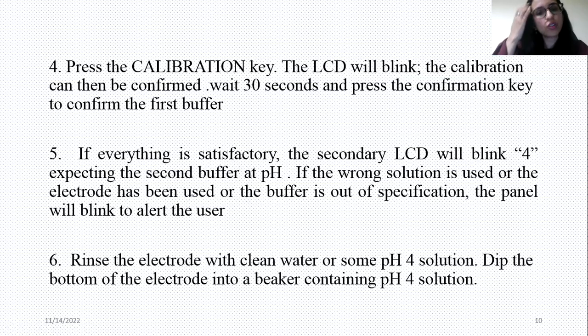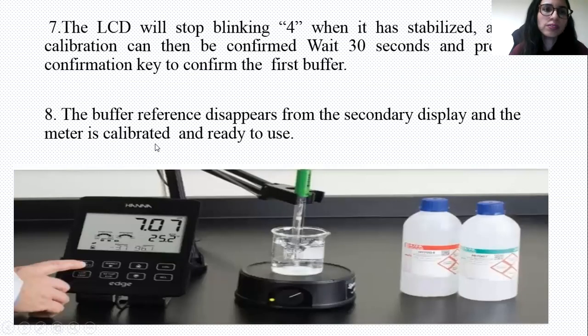Fine. After that, we need to rinse the electrode with clean water or some pH 4 buffer solution, and dip the electrode into the beaker containing pH 4. If we check the pH of buffer 4, the LCD will stop blinking 4 when it has stabilized. We need to do the calibration again.